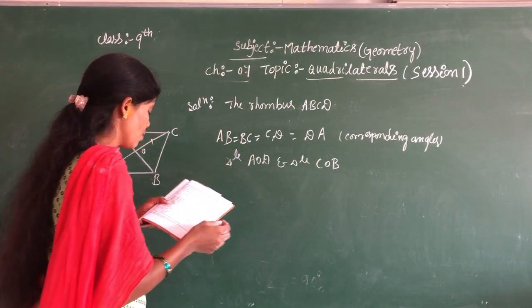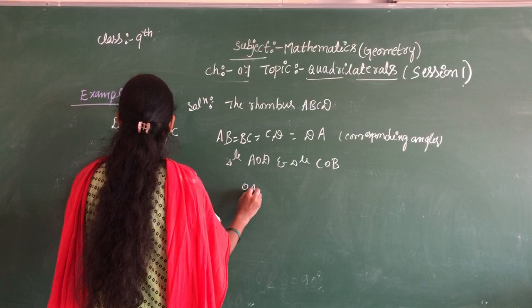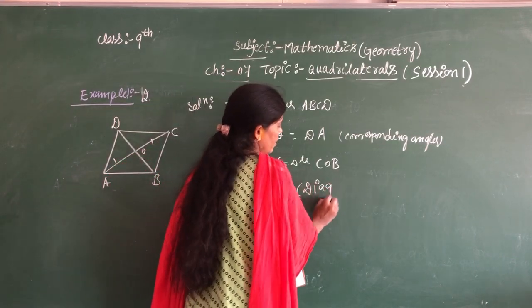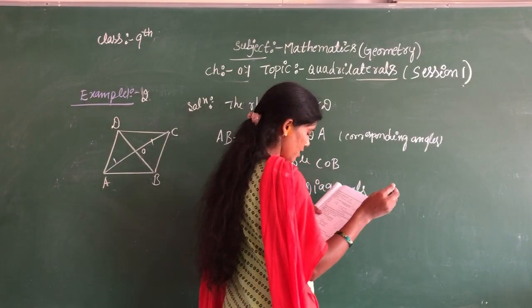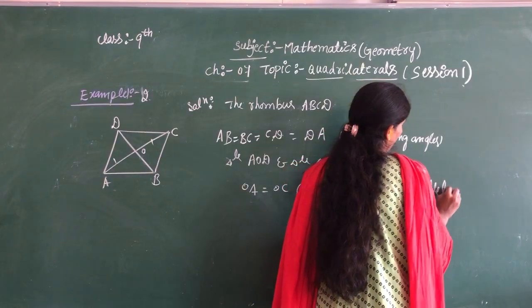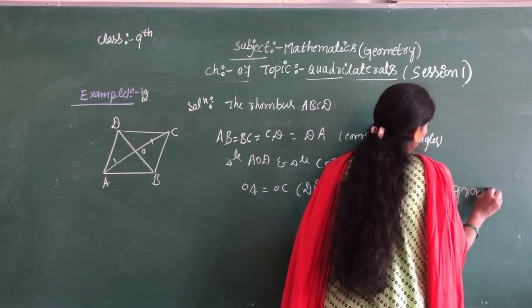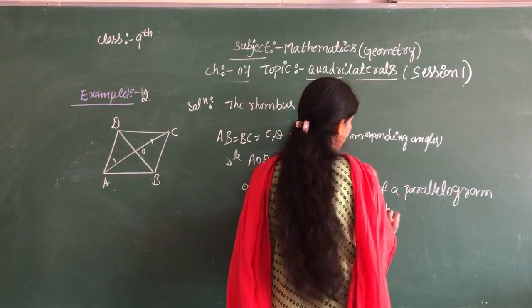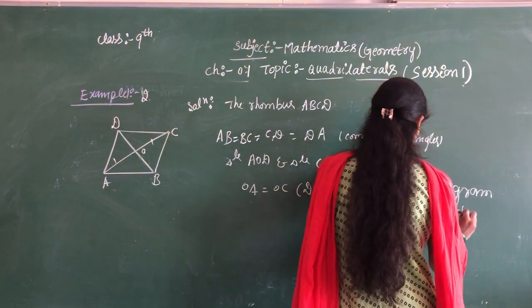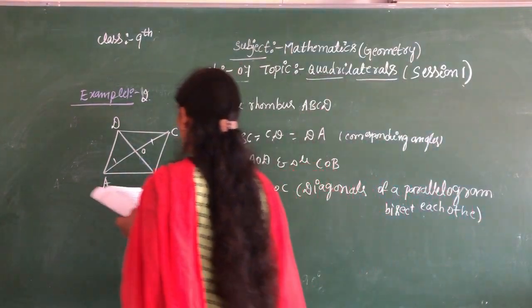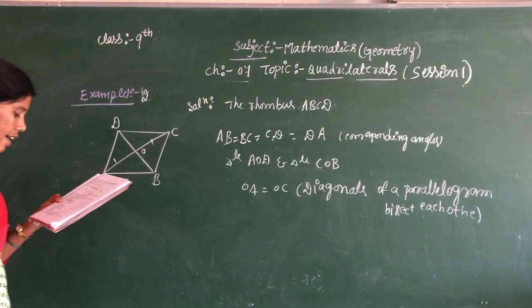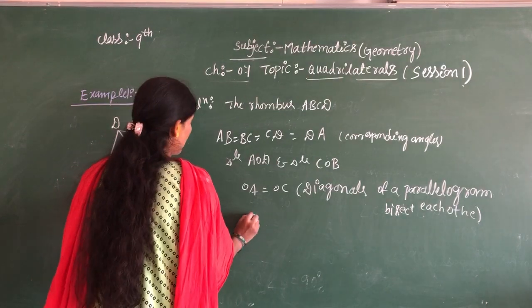OA is equal to OC, because the diagonals of a parallelogram bisect each other. Okay, children. You see, this is O, AO and OC. This is the bisecting each other. And OD is equal to OD. This is the common side.